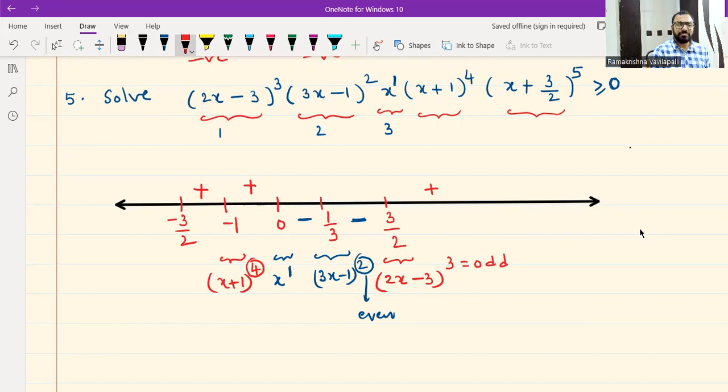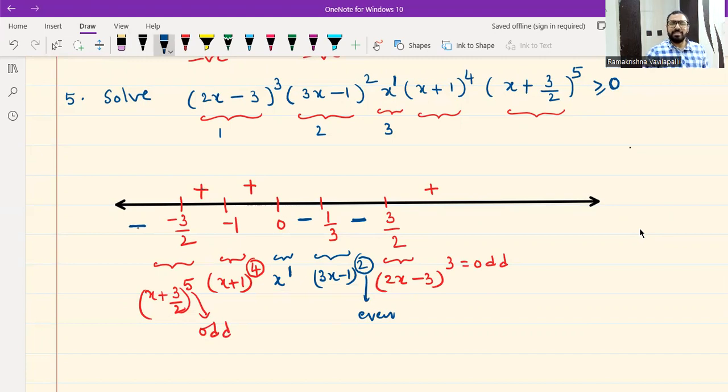Now finally, this is x plus 3 by 2 whole to the power of 5. Here this power is odd, so when the power is odd, you have to change the sign. So the sign is changed from plus to minus.